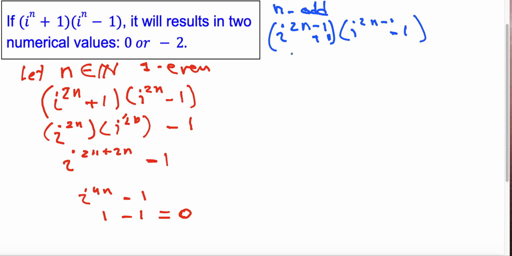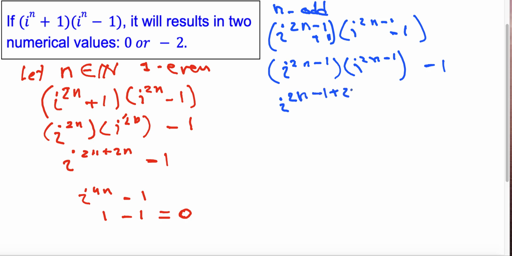And when we are multiplying those two, we are going to end up with i^(2n-1) times i^(2n-1), and the plus 1 times minus 1 is a minus 1, but the middle terms are going to cancel, and because these are the same base, so the exponents are different, we are going to add those exponents, minus 1 plus 2n minus 1 minus 1.